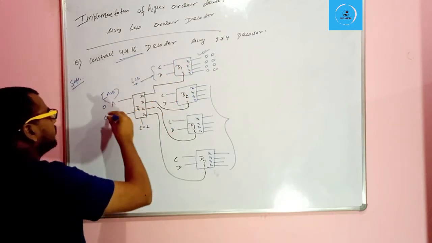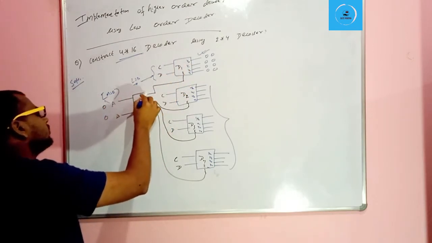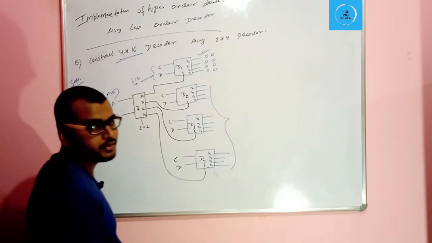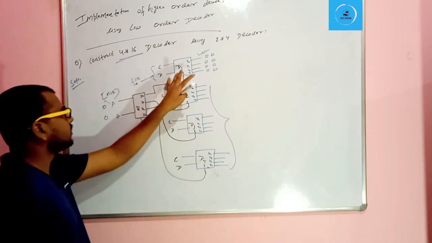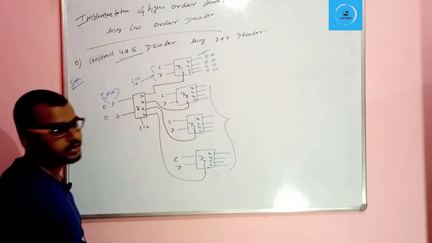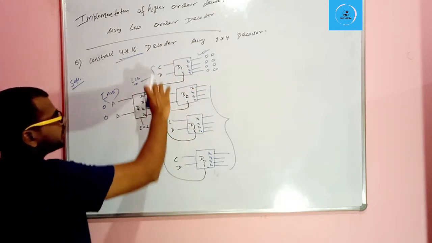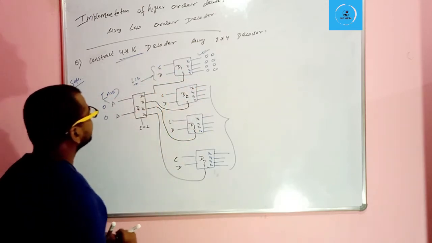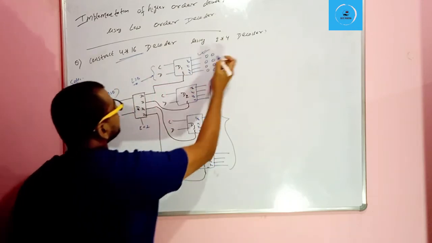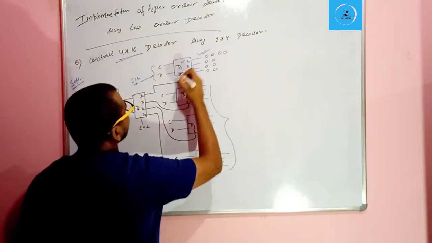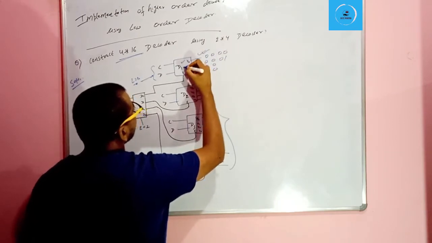Decoder 1 will be selected because for input 0, 0, the D0 output will be activated, and due to that this first decoder will be selected, and we change C and D. For C and D 0 0, y0 will be selected. For C and D 0 1, y1 will be selected.